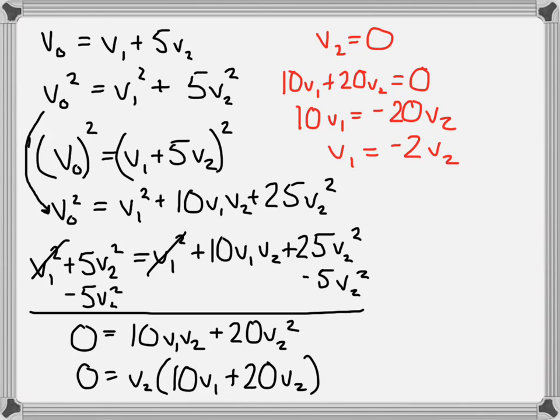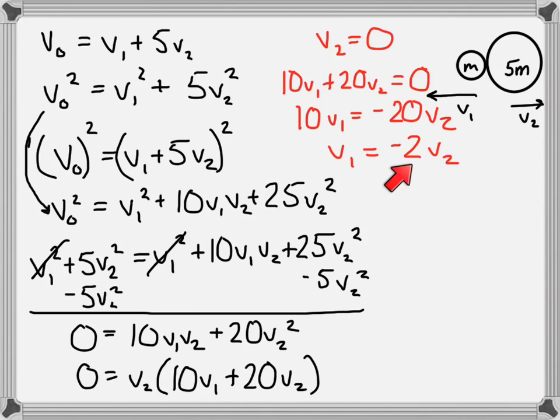Now, let's do a little bit of a sanity check before I go and plug this into another equation. So remember that v1 is actually v2. I drew v2 first for some reason. Let me draw v1. So v1 is the velocity of little m after the collision, and v2 is the velocity of big M, or 5m, after the collision.